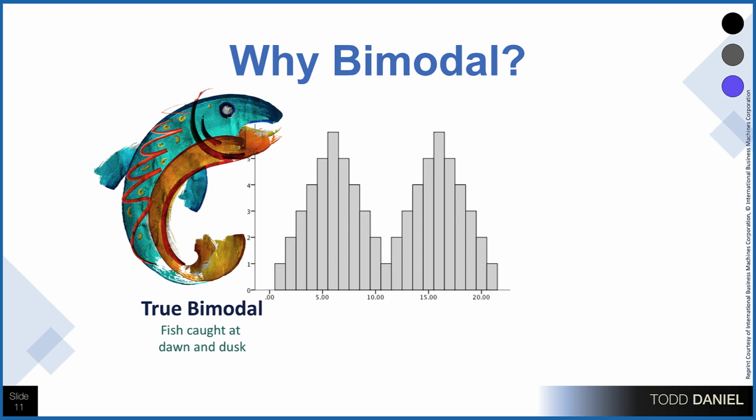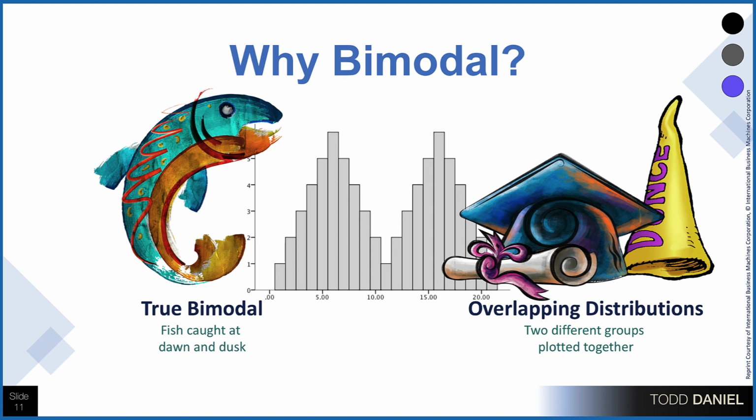Another time in which we might have a bimodal distribution is when there are overlapping distributions. So we are measuring some students and we find that there's a bimodal distribution, but when we look closer, we see that there were actually two different schools represented in our distribution. And we know that one school tends to be more high performing, the other more low performing.